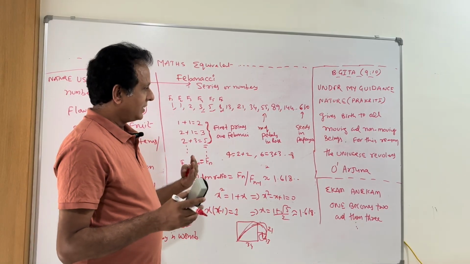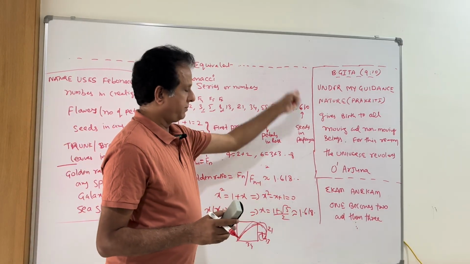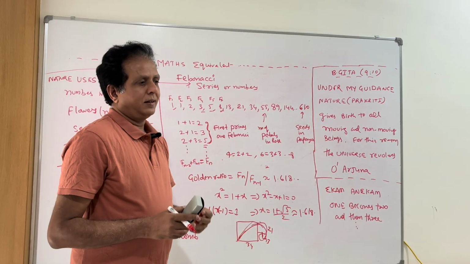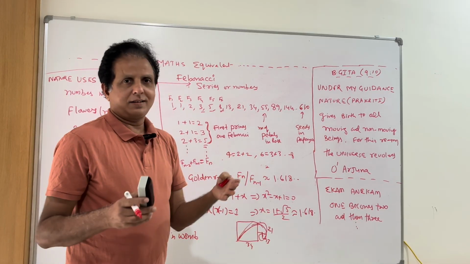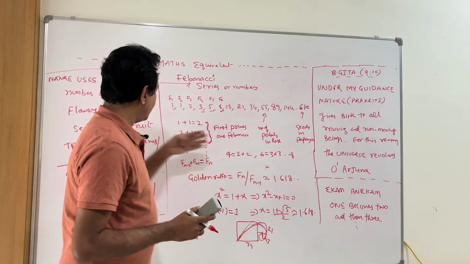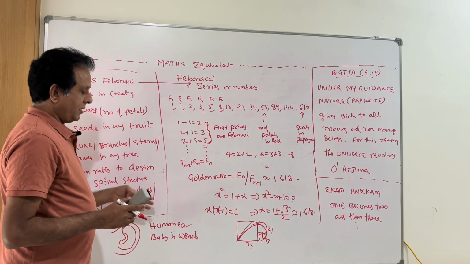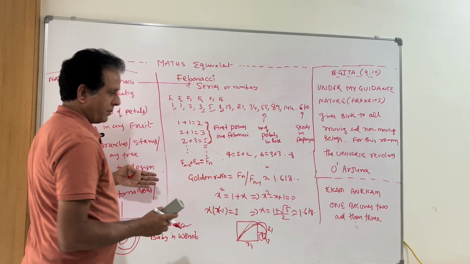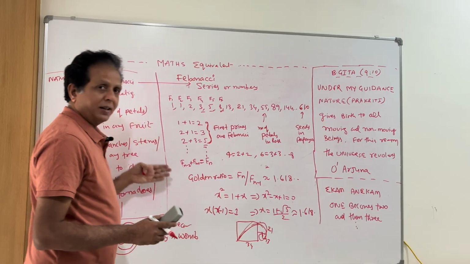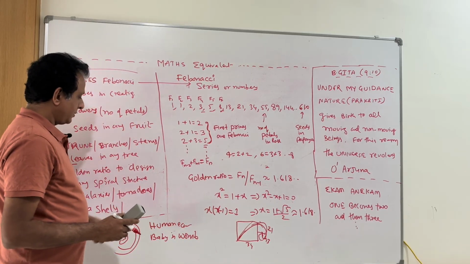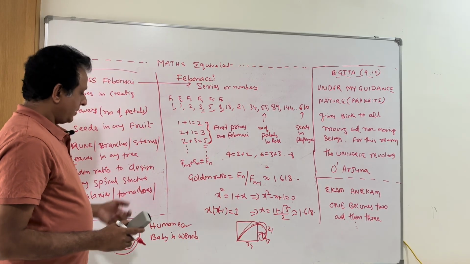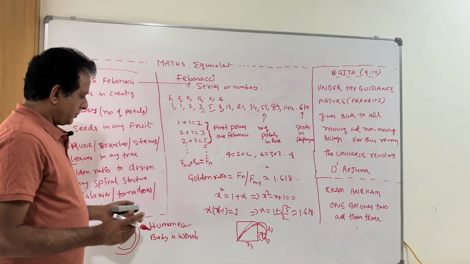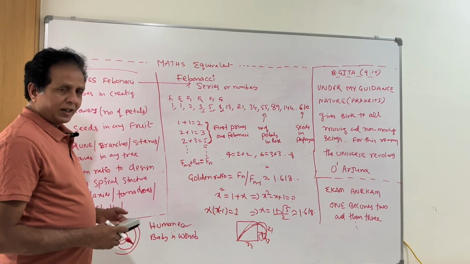So this is kind of philosophical. But when this translates to mathematics, the golden ratio, then we can see whether we can understand all this.